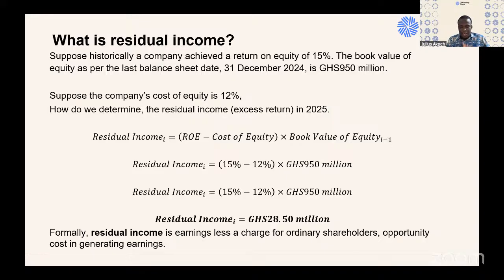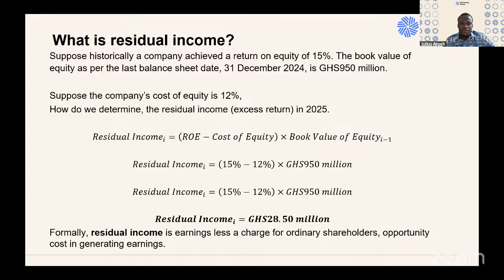Time i, take it as the end of 2025, 31 December 2025. Time i minus 1 is the end of the previous reporting date, that is 31 December 2024. So when we're calculating residual income, we are taking the ROE minus the cost of equity and multiplying it by the book value of equity as at the last balance sheet date.